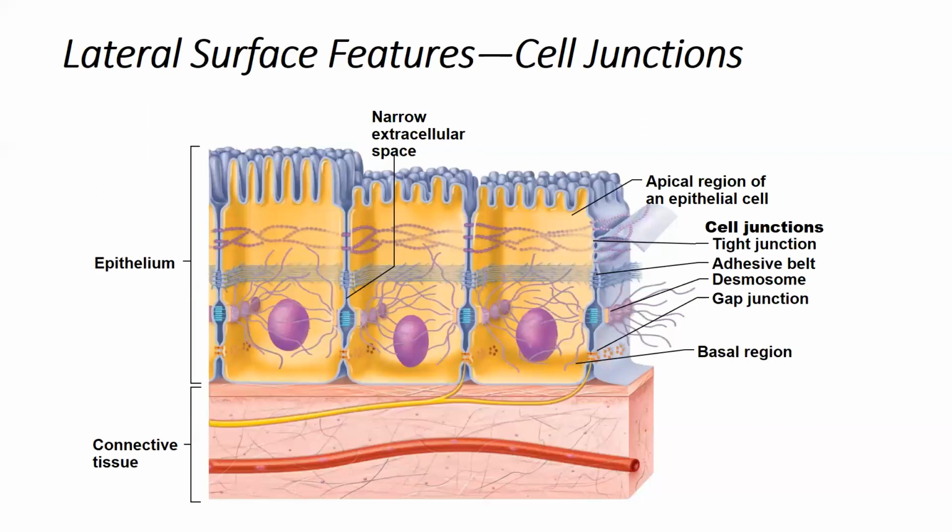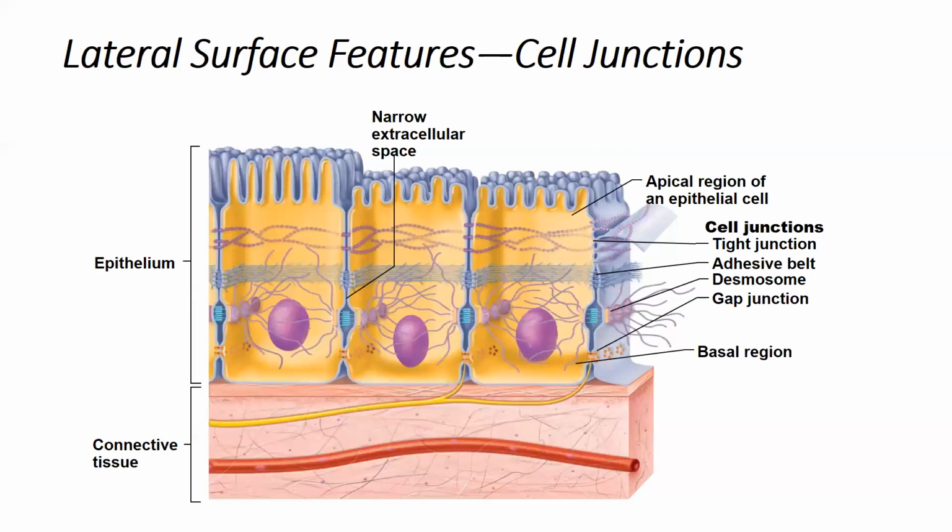So these were your tight junctions, providing a tight seal. These were your adhesive belt junctions, like a tight belt wrapping around the surface of the cell. These are your desmosomes. Now, desmosomes are going to have on their cell surface, the surface that's facing the cytoplasm, some proteins.